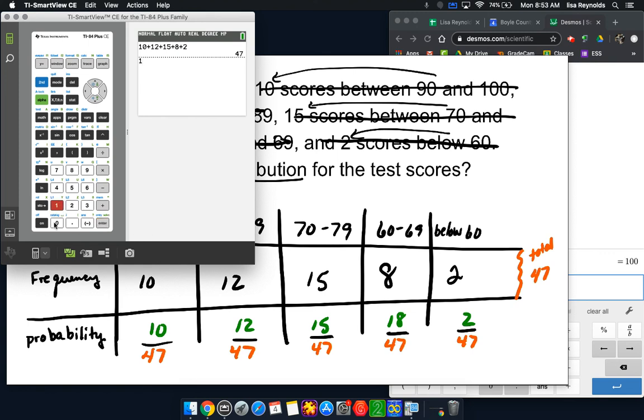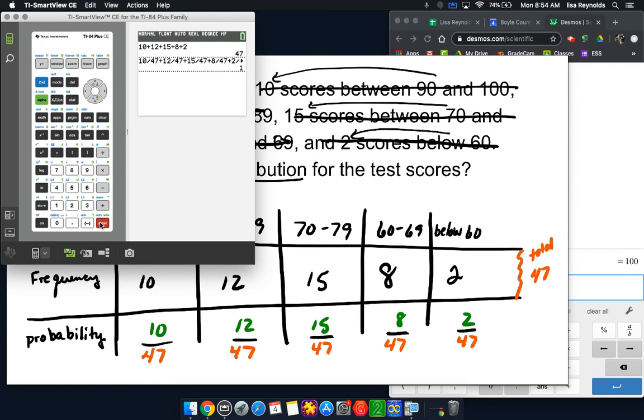So you can always do a check. 10 out of 47 plus 12 out of 47 plus 15 out of 47 plus 8 out of 47 plus 2 out of 47, and this should equal 1.